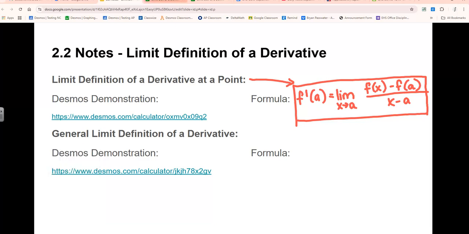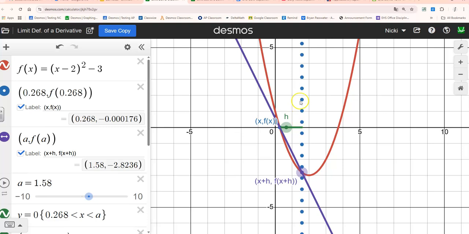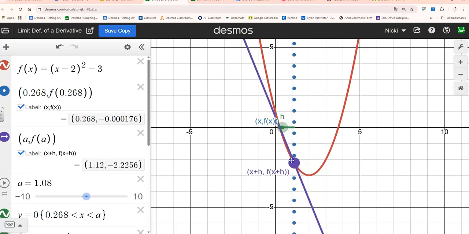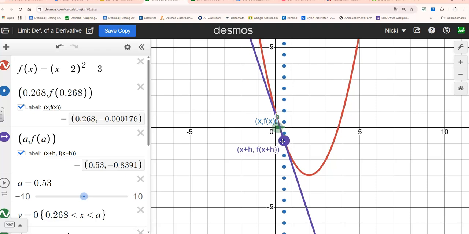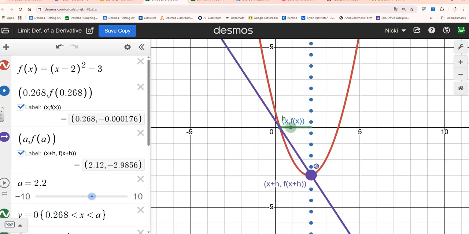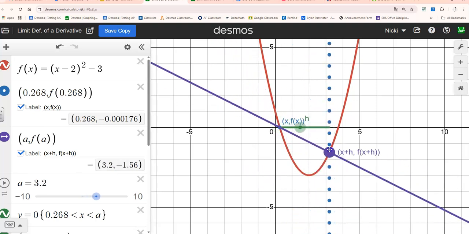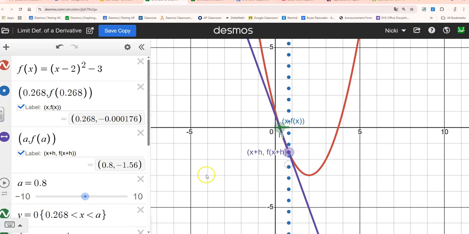This is just marking where that h is at, like noticing that as this value approaches there. It's just there for visual, so you can visually see what's happening with your x value.